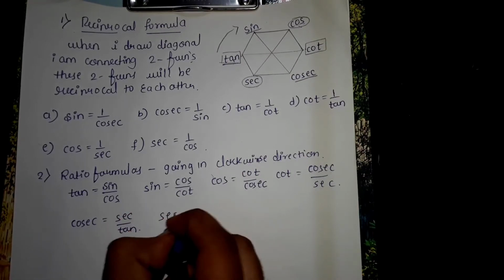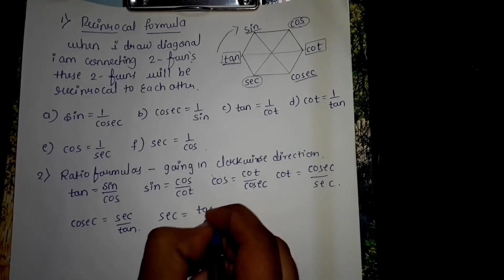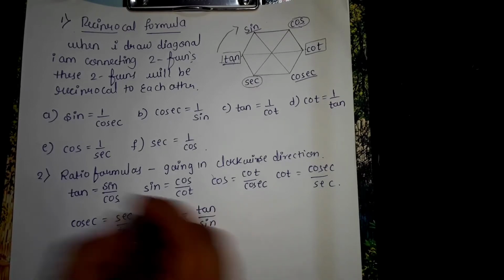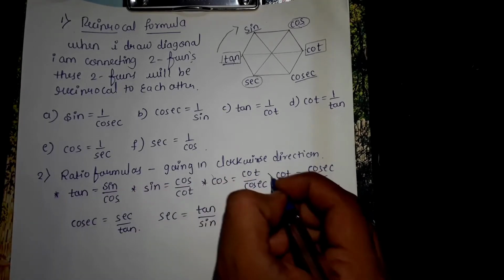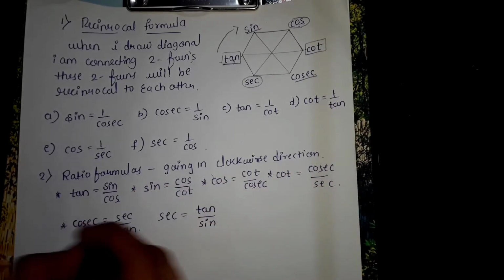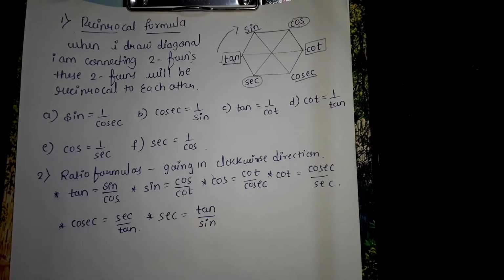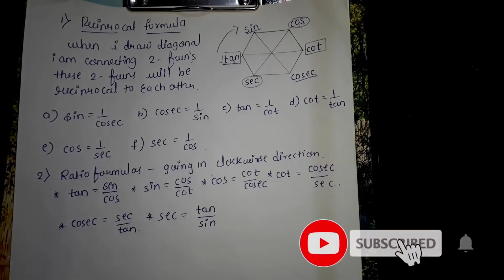Again, sec is the ratio of tan and sine. When we go in the clockwise direction, we get these ratios. Okay, when we come in the anti-clockwise direction, there are some other ratios.